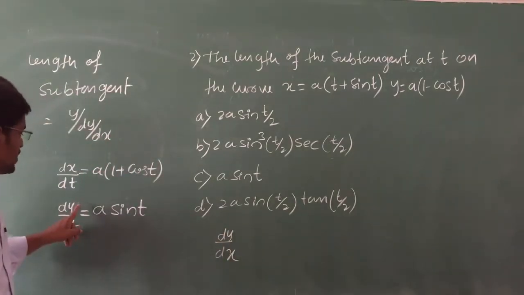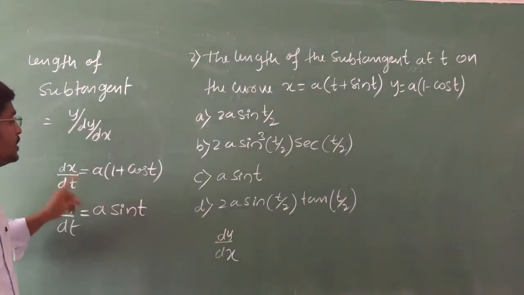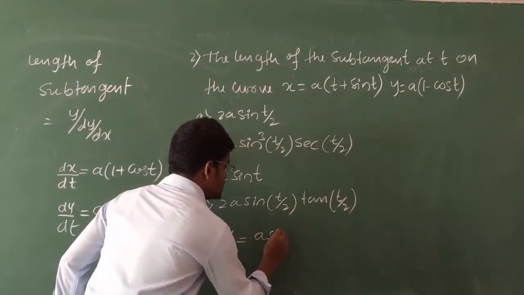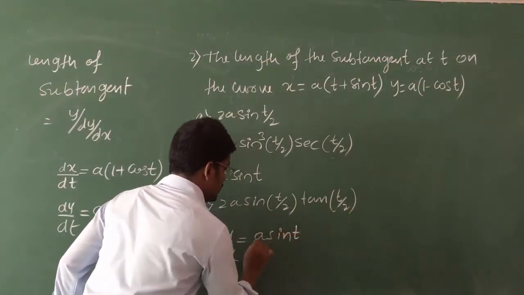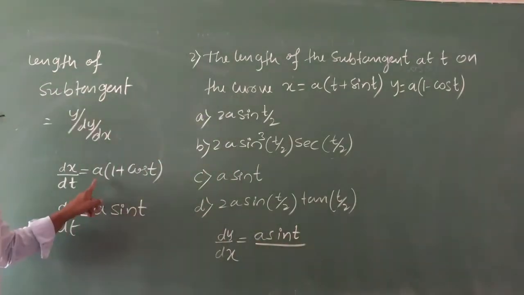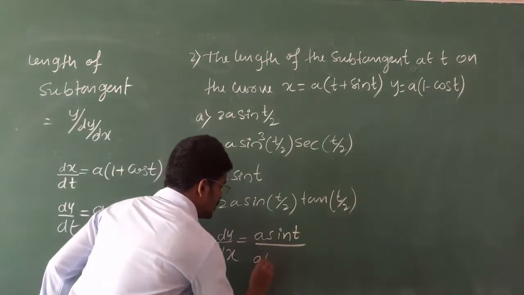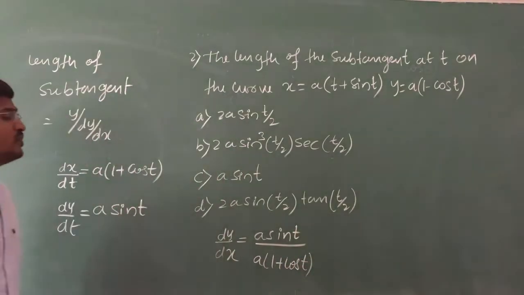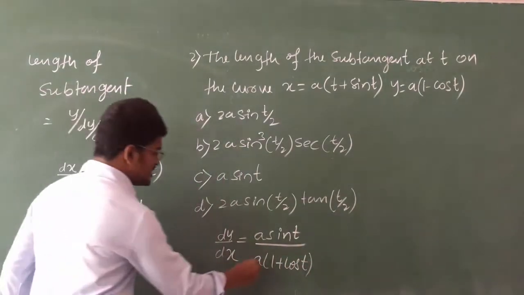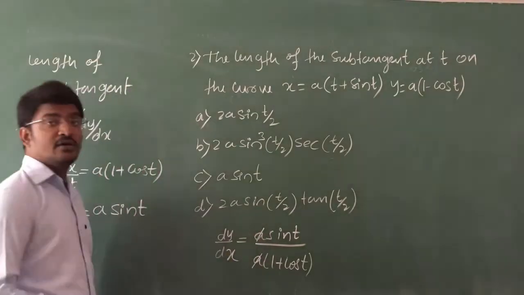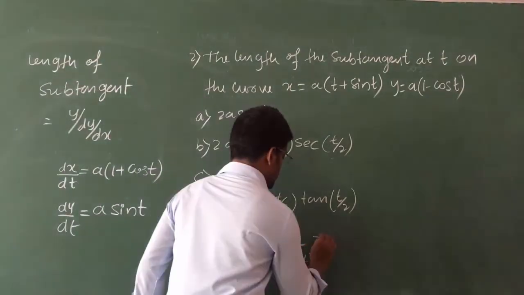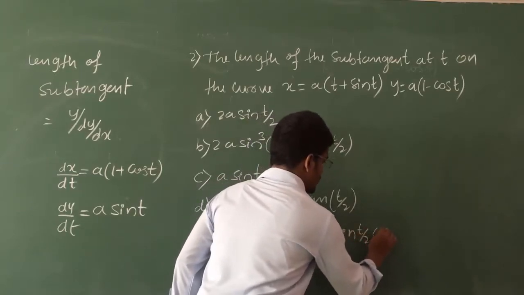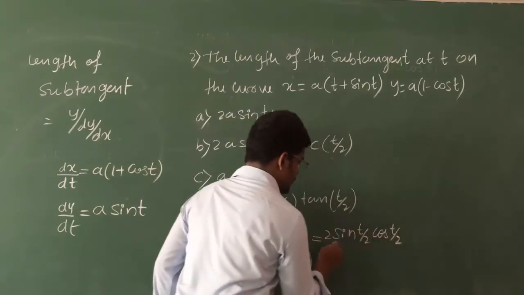So first calculate dy by dx. That is dy by dt divided by dx by dt, equal to a sin t divided by a into (1 plus cos t). Now cancel a and a. Clear? Sin t is what? 2 sin t by 2 cos t by 2.